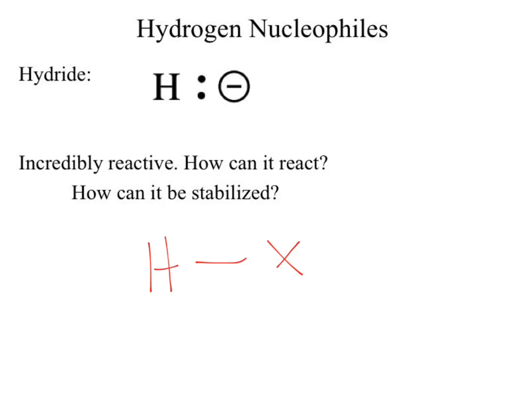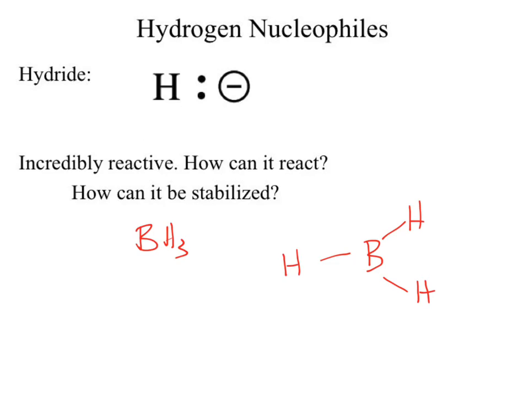You'll notice boron and aluminum, if we pull out their Lewis structures, particularly if we did BH3, have what hybridization? sp2, which means what is left over? An empty p orbital. What can I put in that empty p orbital? I can put electrons from my hydride.